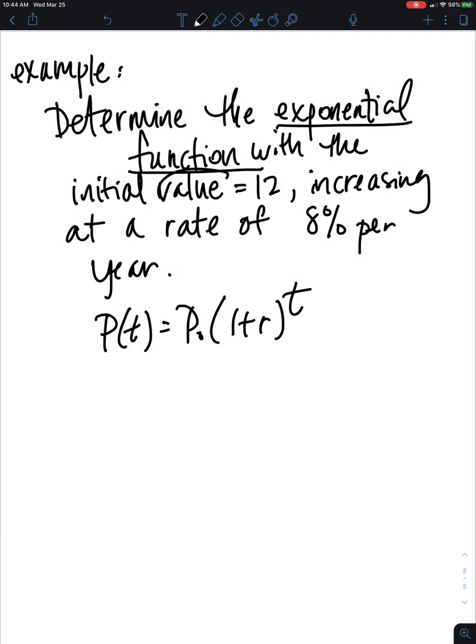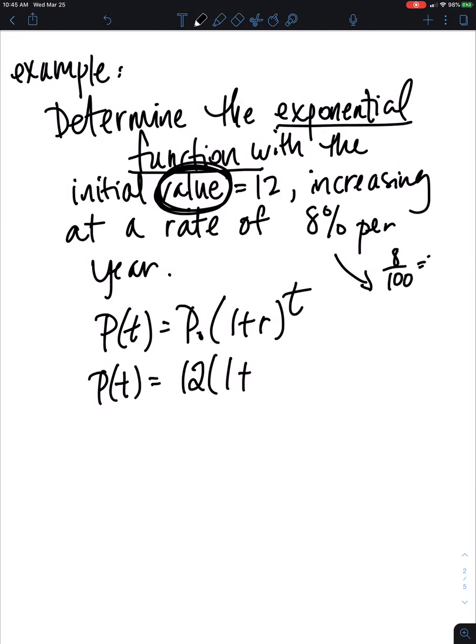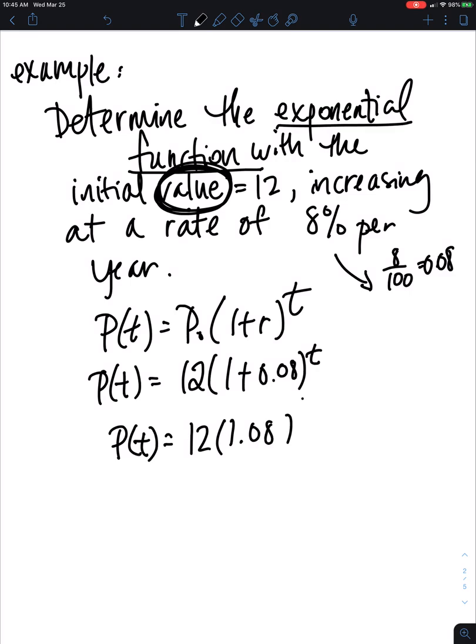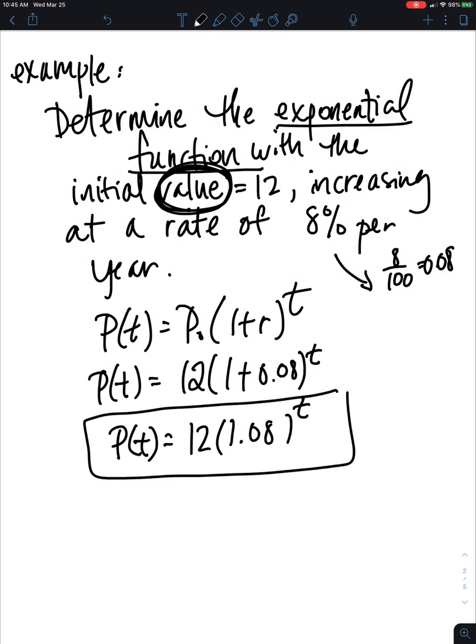So the initial value, this must not be a population obviously, but something we're measuring, is going to be 12, and then our rate is 8%, which when we write that in decimal form, we want to divide by 100. So 8 divided by 100, 0.08. So we're going to write that in decimal form. And then our last step is we are just going to go ahead and do the math in the parentheses. So 1.08. Pretty easy.